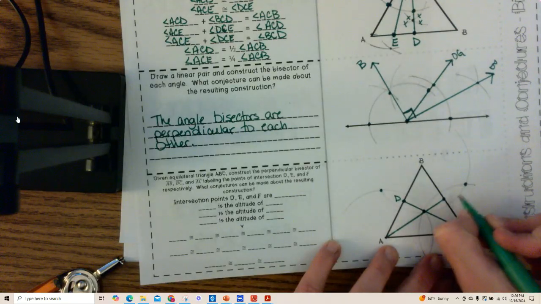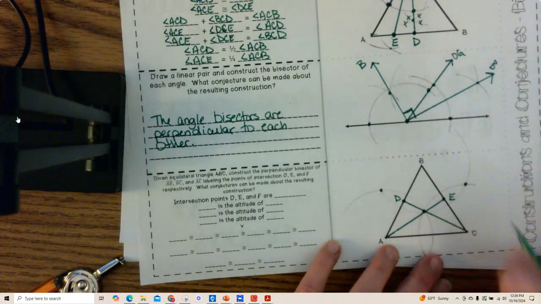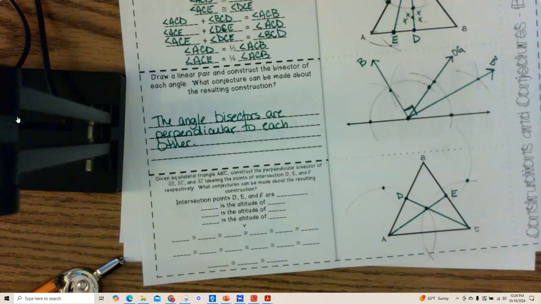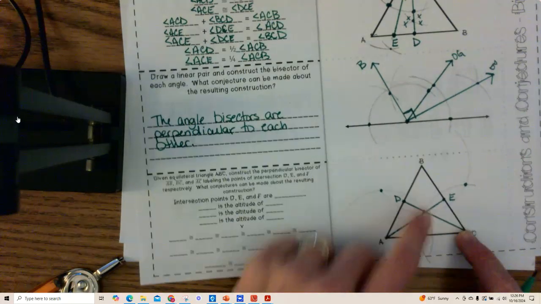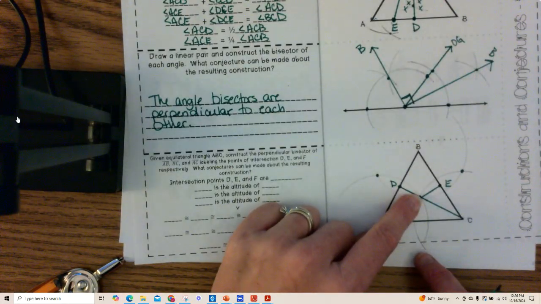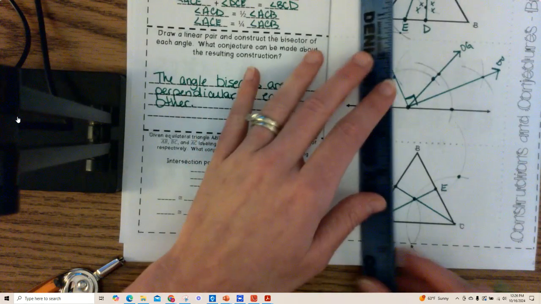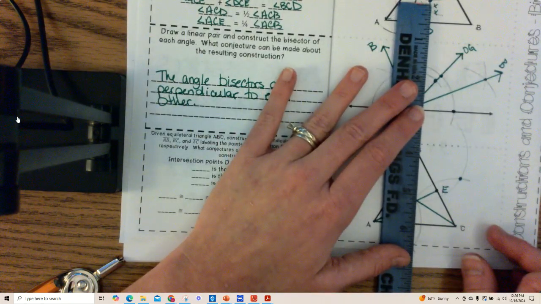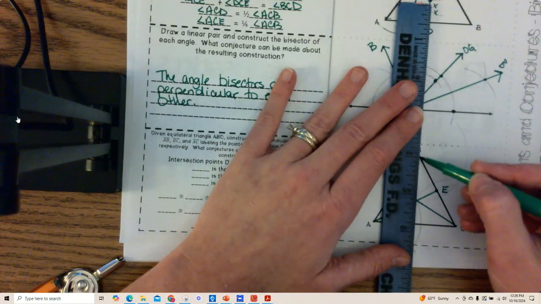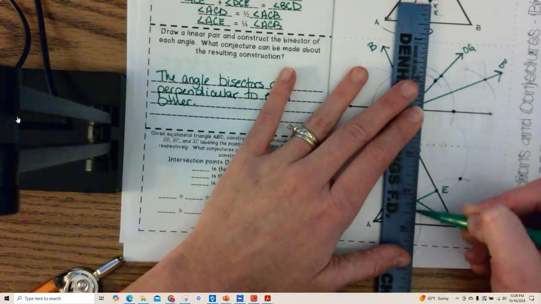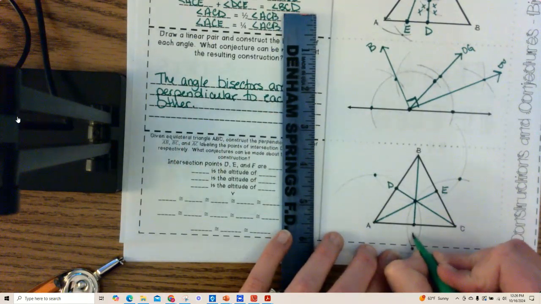And that's going to be point E. And then the last one is AC. So that center point again, and then hopefully yours fit on there. We're going to connect the dots, but stay inside the triangle. And that's going to be point F.